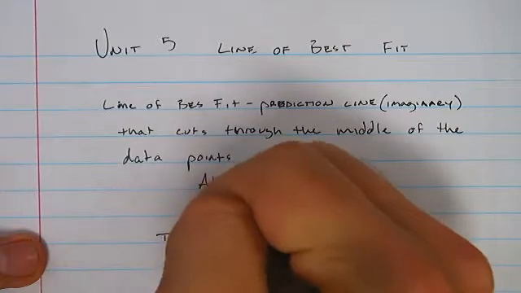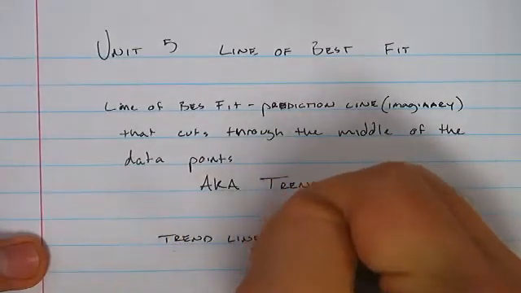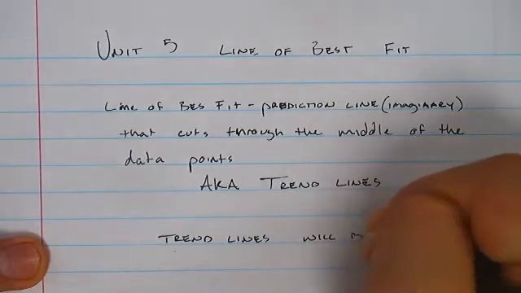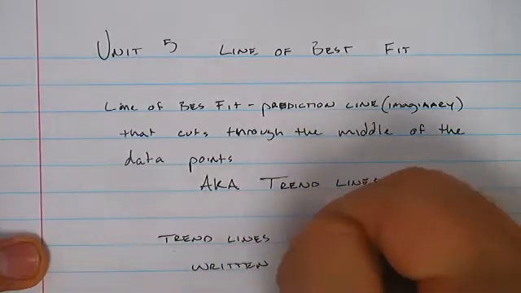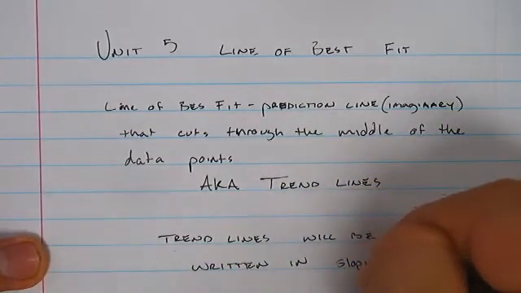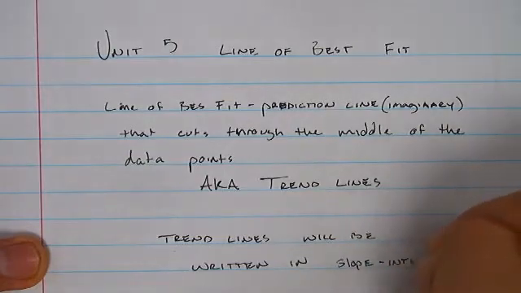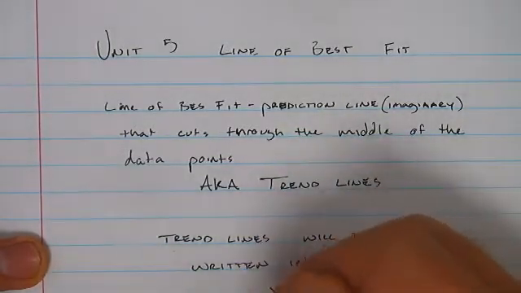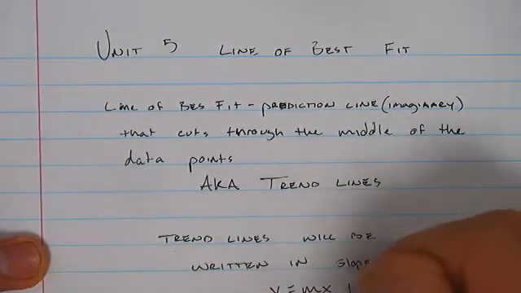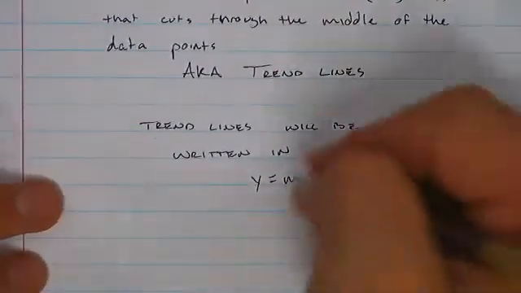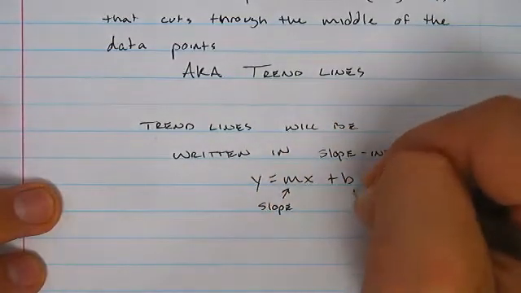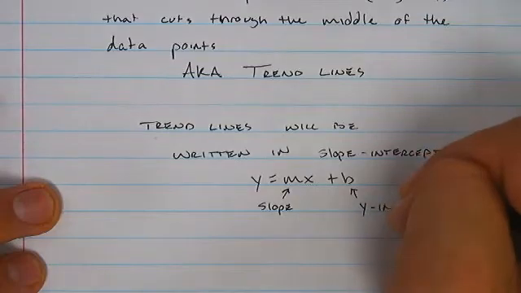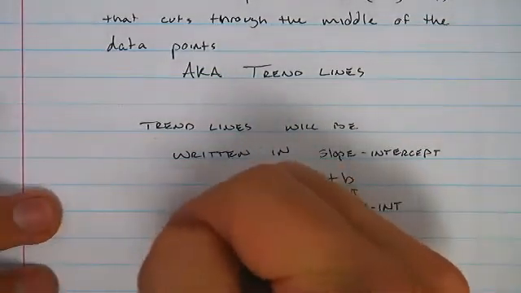Trend lines will be written in slope intercept form. Okay, so y equals mx plus b. In which case we should know that m is your slope. That b is your y-intercept.